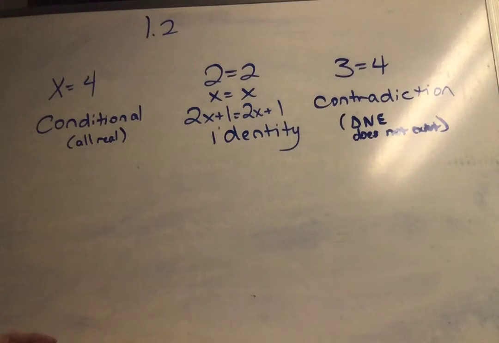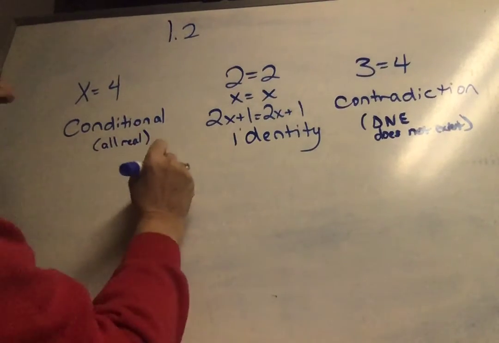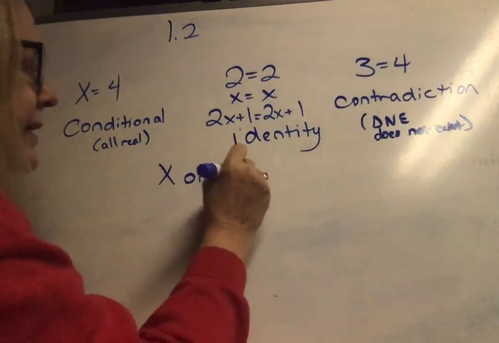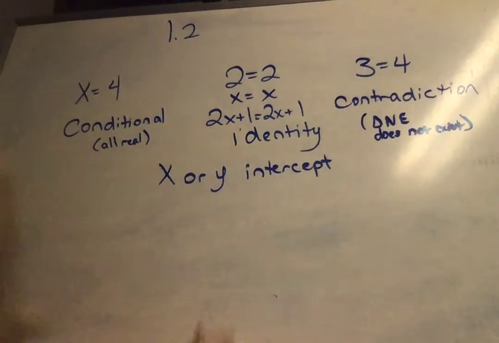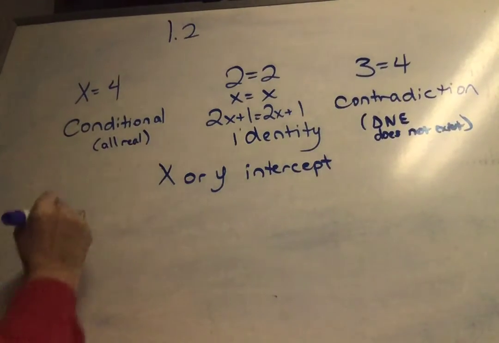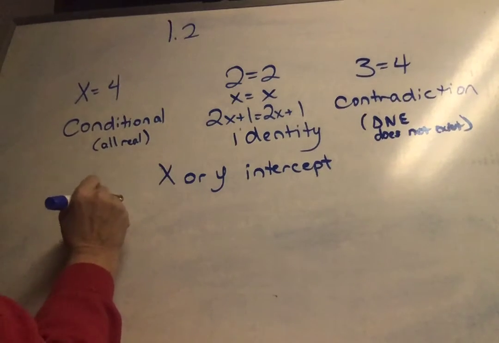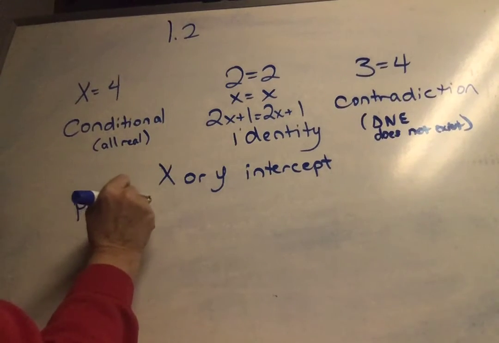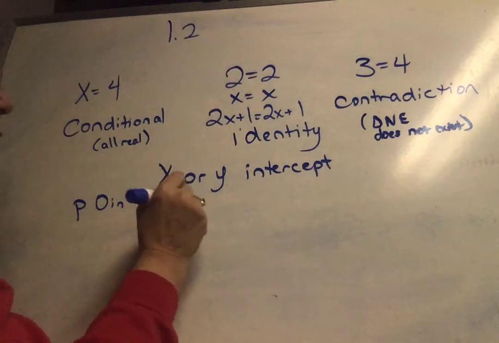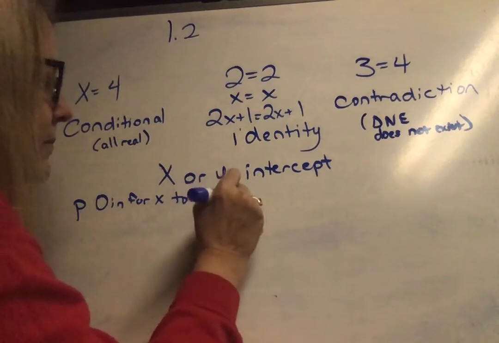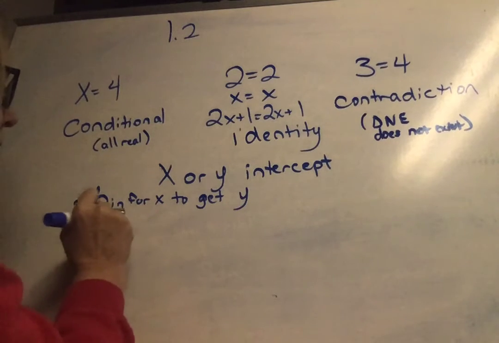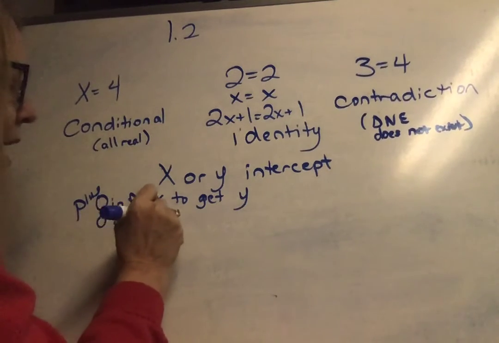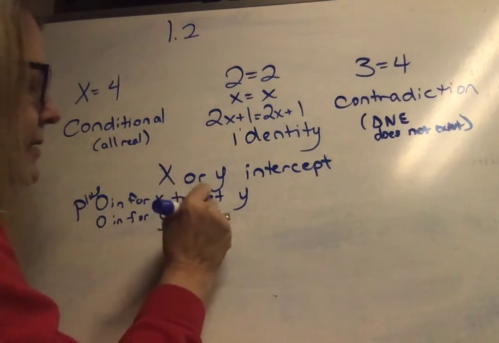The other idea we want to work with is solving for the x or the y-intercept. And basically, you plug 0 in for x to get the y, and you plug 0 in for y to get the x.